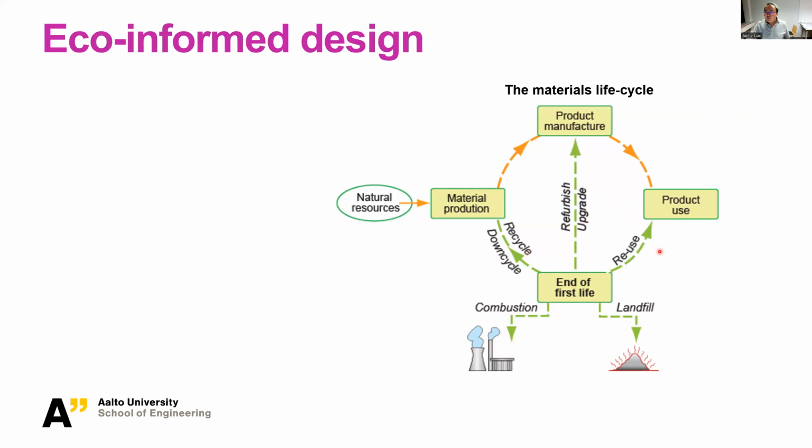But these three green arrows, they're doing good things. They're not consuming energy because they are contributing positively to our material use and to our CO2 emission. So these are the things we should promote and we should think about when we do the design. So basically, this is the so-called material life cycle, and you could have it in mind.